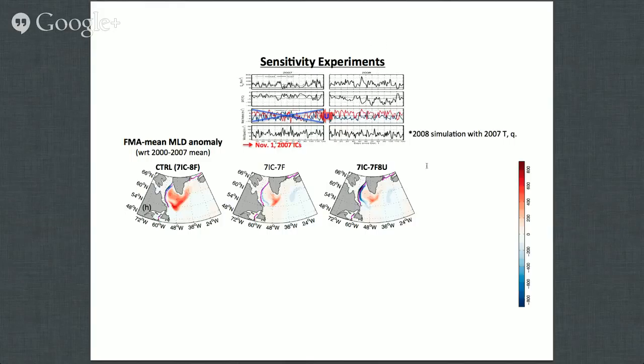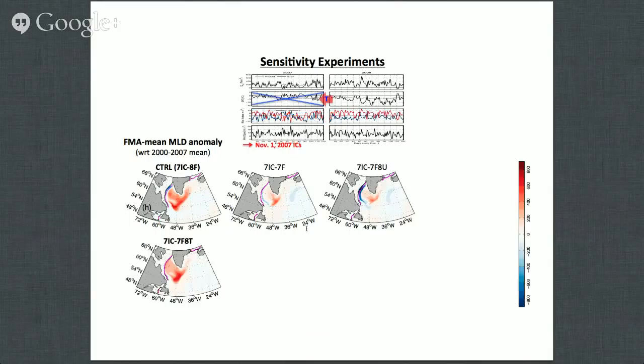So this is basically the 2008 simulation with 2007 air temperature and specific humidity. And the mixed layer depth anomaly is still much weaker, I think even weaker than this 7IC, 7F case.